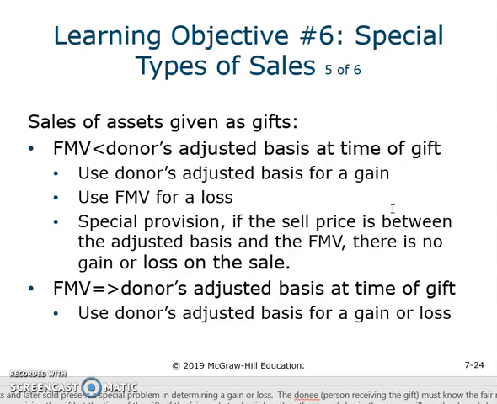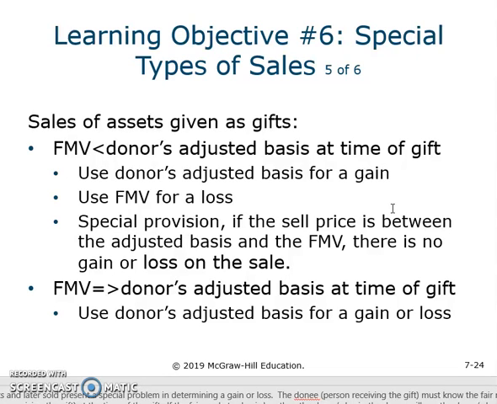However, if the sale price is between the adjusted basis and the fair market value, then there is no gain or loss on the sale. If the fair market value is equal to or greater than the donor's adjusted basis at the time of the gift, then we're going to use the donor's adjusted basis for either a gain or a loss when that asset is sold.